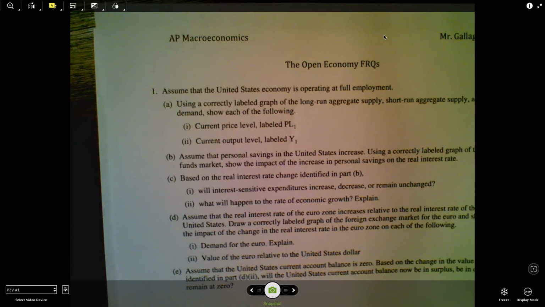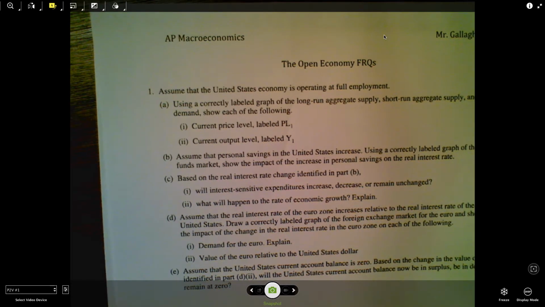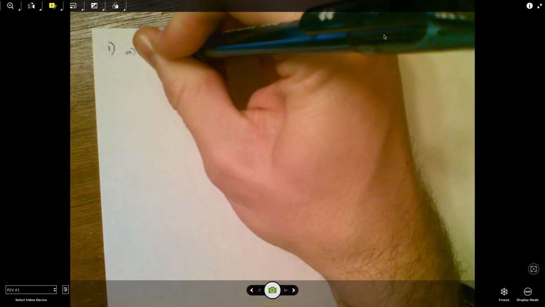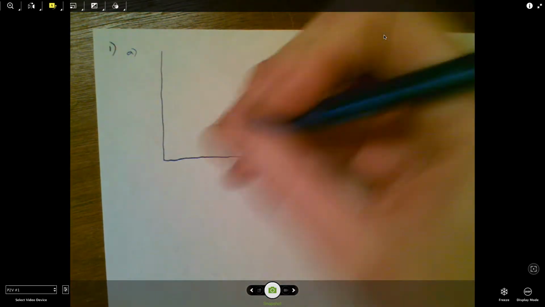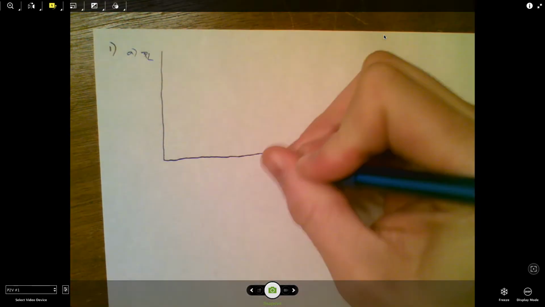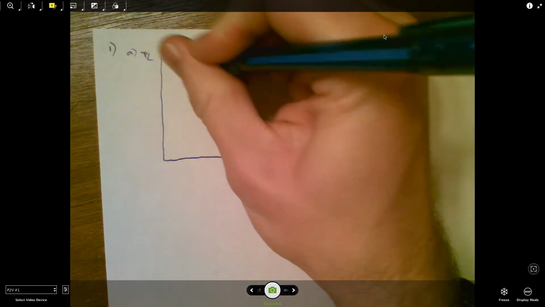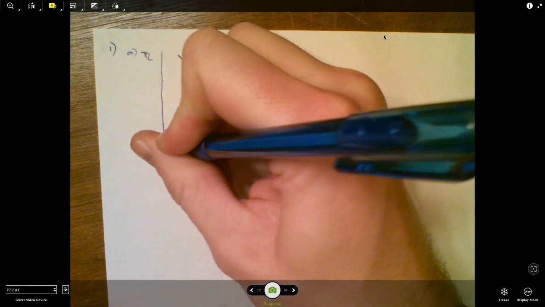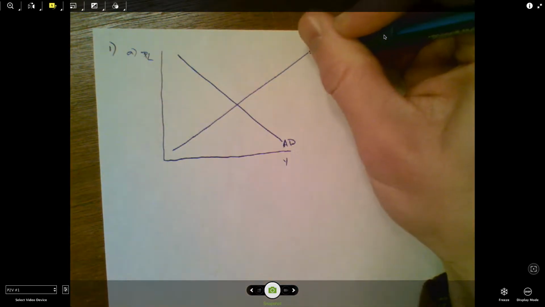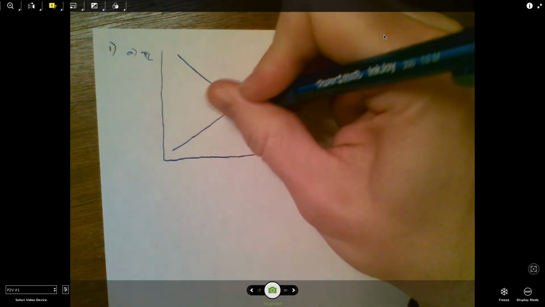Assume the United States economy is operating at full employment, and they want us to draw that graph with labels. So this goes all the way back to the beginning, and hopefully this is the easiest part of this FRQ, because we've been doing this since about four units ago.